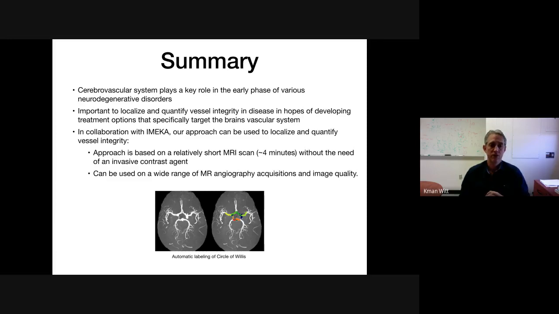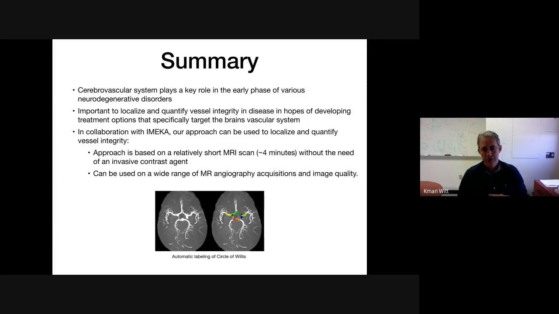And so in collaboration with Imeka, our approach can be used to do just this. Our approach is based on relatively short MRI scans ranging anywhere from 2 to 7 minutes depending on the resolution that you want. And most importantly, it does not need the injection of an invasive contrast agent.